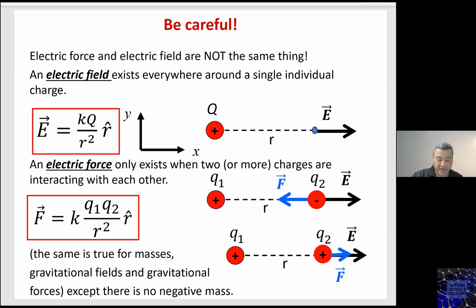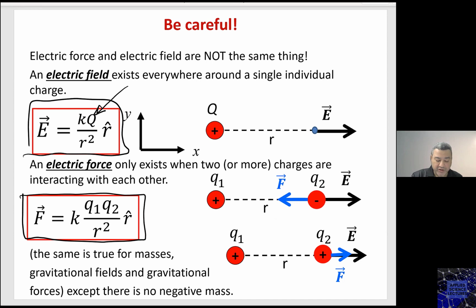Look at the expression for the electric field and the expression for the electric force. Electric field, you only need one charge to generate an electric field in the surrounding. You definitely need at least two charges to have an electric force. So the electric force will be exerted due to the existence of at least two charges.